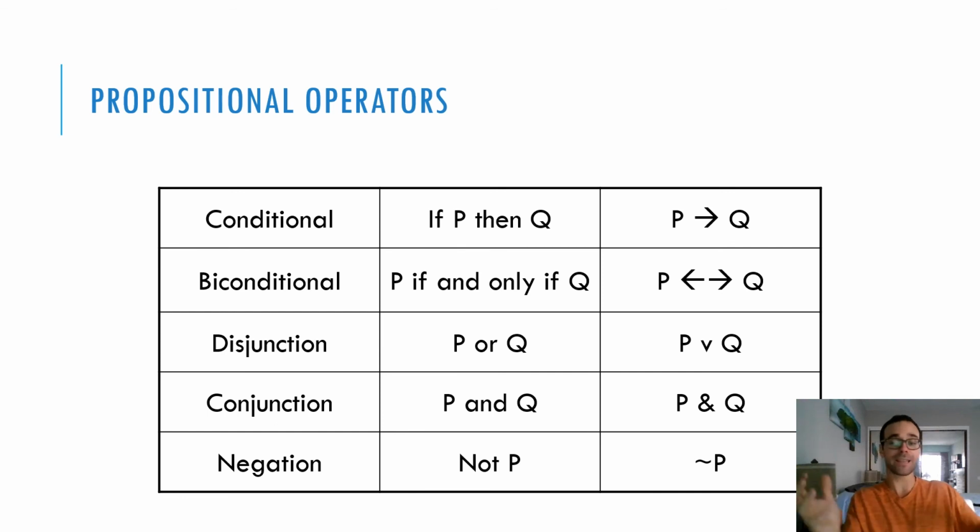So almost anything can be broken down using these 5 symbols. We just have to sometimes reword it, just like we would reword necessary and sufficient conditions that don't utilize the words if and then to use the words if and then. Here we can also reword things to utilize disjunctions or conjunctions and so forth.